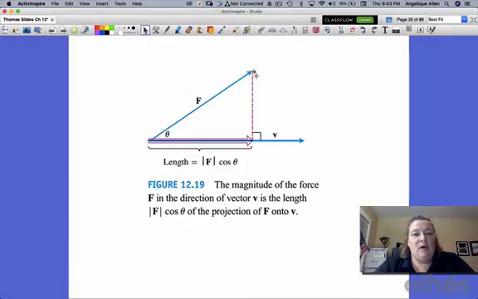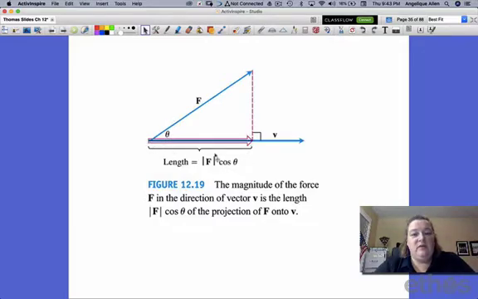And if we drop the vertical line down to another vector, in this case drawn horizontally, to close up a triangle, even though we see the V vector is much longer than this side of the triangle, this piece right here we'll come to call the projection of vector F onto vector V. And this expression right here, the length, is the magnitude of F times the cosine of theta, cosine giving you the adjacent length.